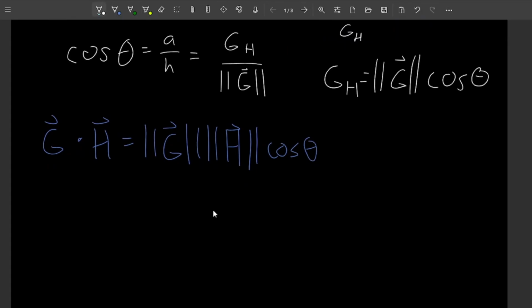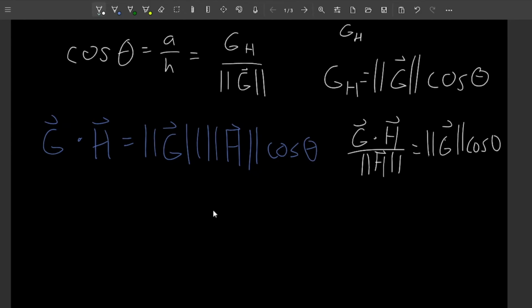Rearranging this, we see that g dot h over the magnitude of h is equal to g cosine of theta.